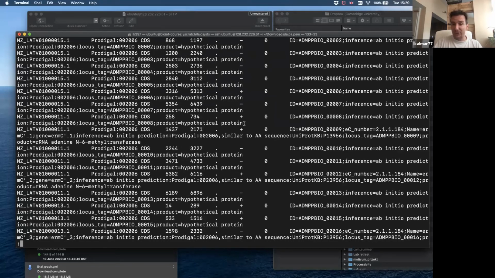Of course, there are so many hypothetical proteins, but sometimes you will have a real product with a real function and annotation name. Also, the gene name here will be a real name and not just a locus tag.